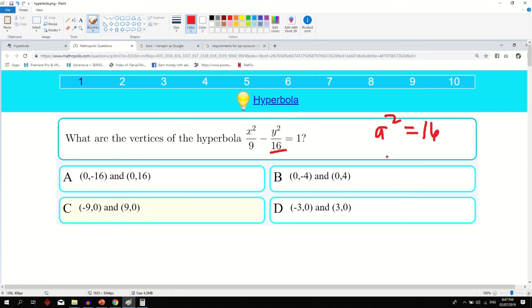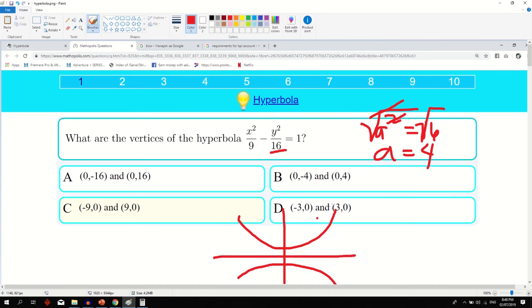Then we will take the square root of that. A should be equal to 4. So if this is the y-axis and this is A, from the center upward it will be 4, and downward it will be negative 4.